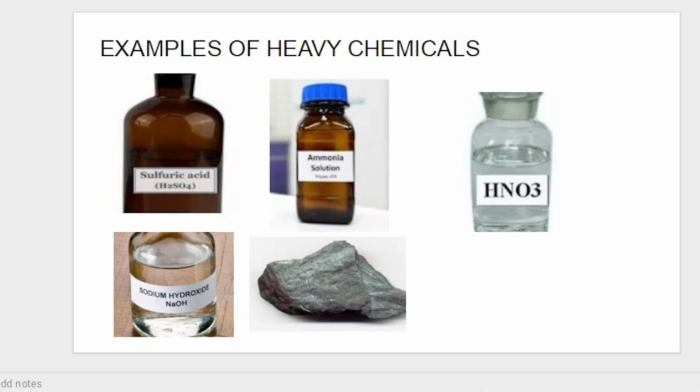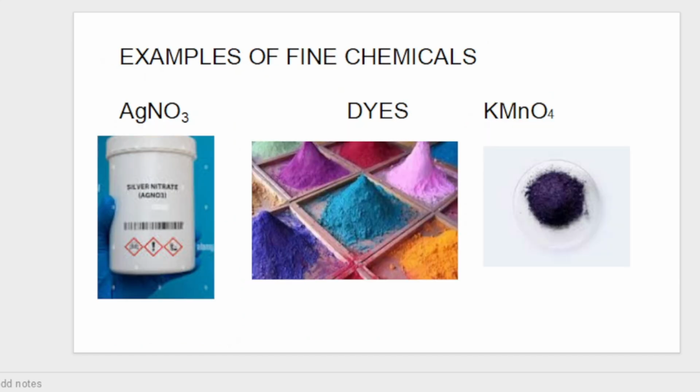These are the examples of heavy chemicals. They are produced in very large quantities by industries, and they all act as starting materials, as raw materials to produce other chemicals.